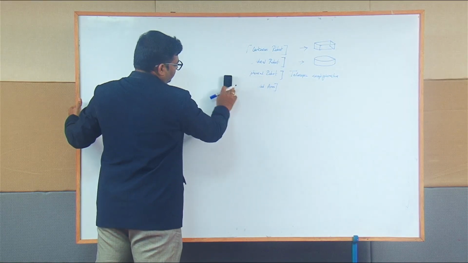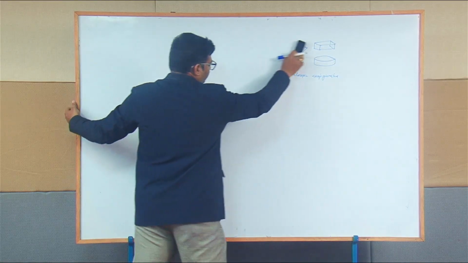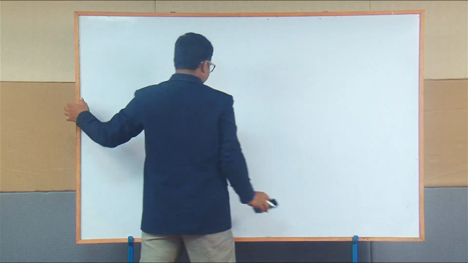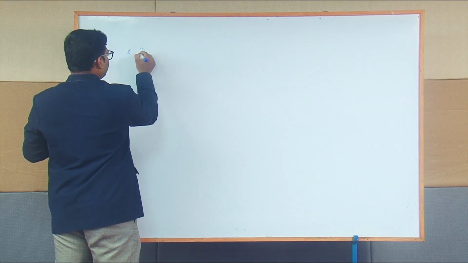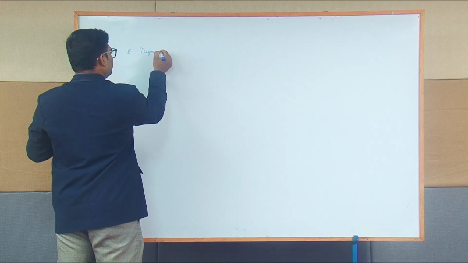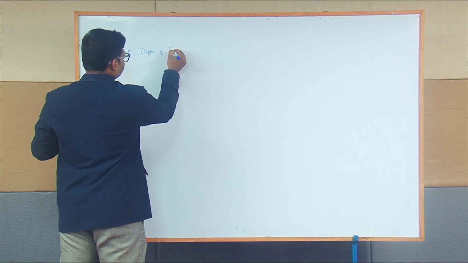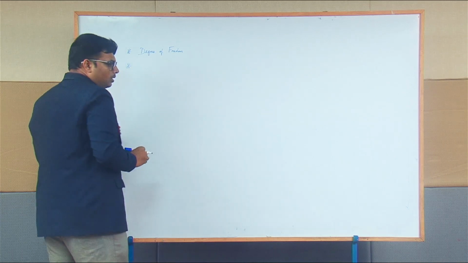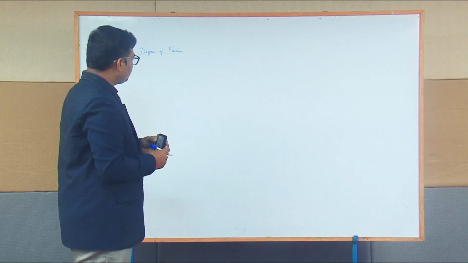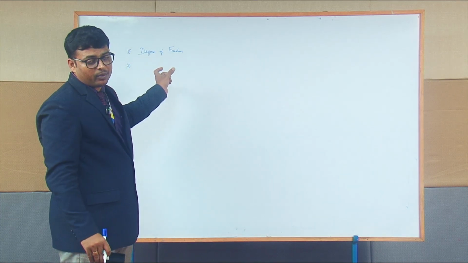Now coming to the terms which are being used in robotics, we talk about degrees of freedom. These are general terms. I am not diving into the more theoretical parts. This is all about understanding the phenomena of robotics.